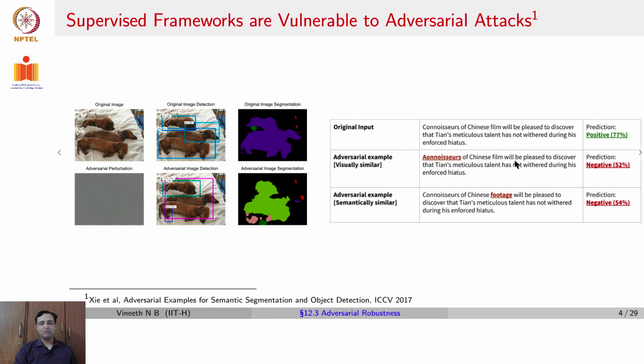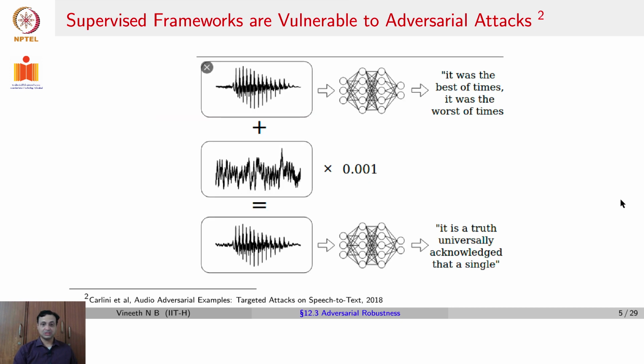And if the word film is changed to footage, which is perhaps semantically similar, even then the prediction becomes negative with 54%. This is worrisome, again considering that humans don't suffer from such problems.